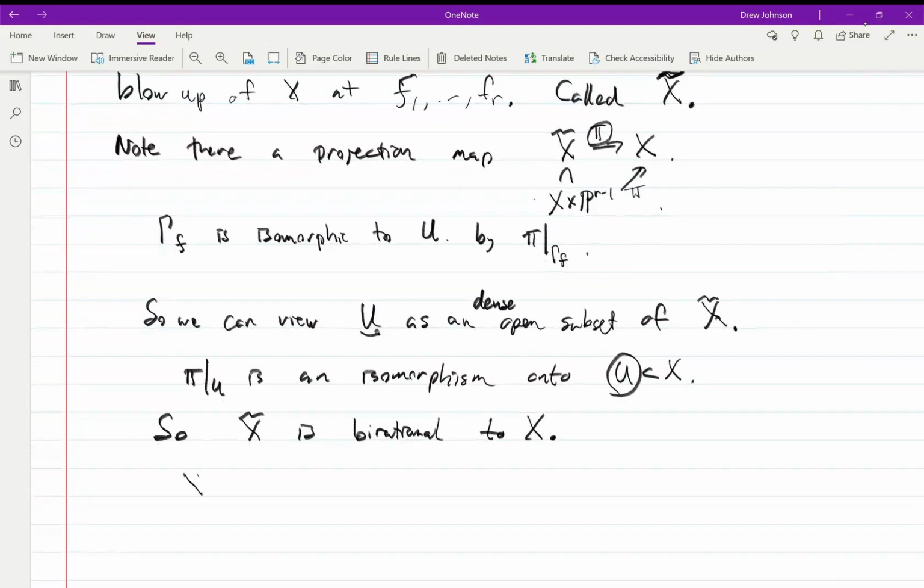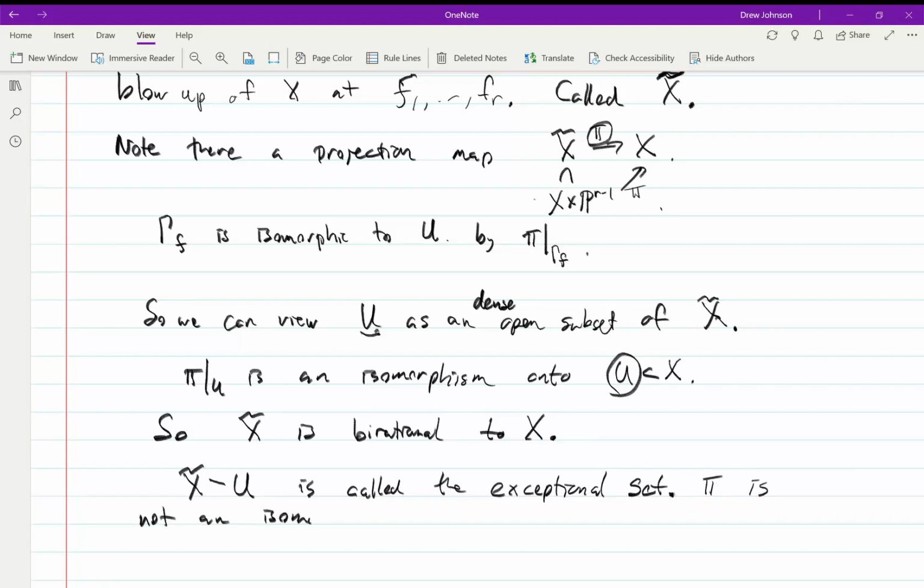If we now look at X tilde, the blow-up, minus out this open subset that is isomorphic to an open subset of X, we take that out. The leftover stuff is called the exceptional set. So pi is probably not an isomorphism on the exceptional set.